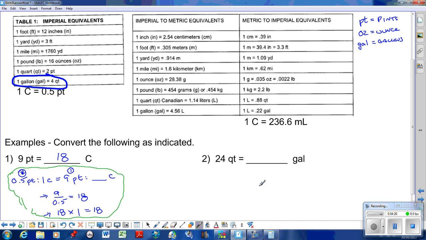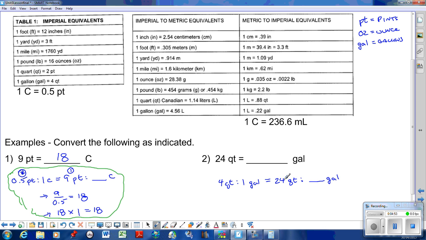I'm going to take this base ratio and I'm going to put quarts first just because that's what our question's asking. So that's where I'm going to start, and I'm going to say, okay, so 4 quarts is the equivalent of 1 gallon. That ratio is going to be equal to, well, I have 24 quarts, and I'm going to compare it to gallons.